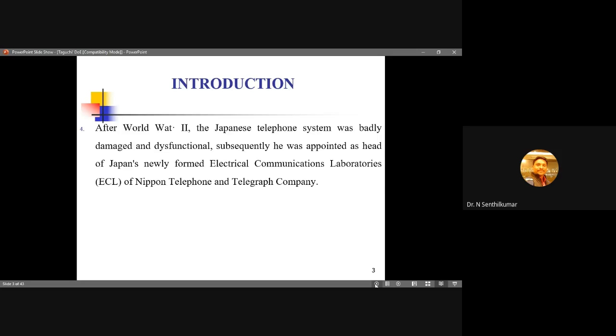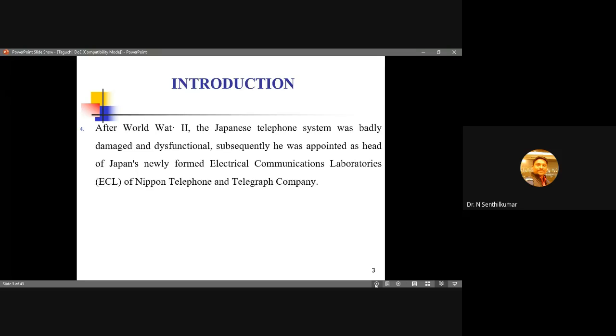During World War II, everyone knows Japan was the most affected country in the world because of the two bombs. The Japanese telephone system was totally damaged, and they were facing communication errors. So Taguchi was appointed as the head of the telephone corporation.